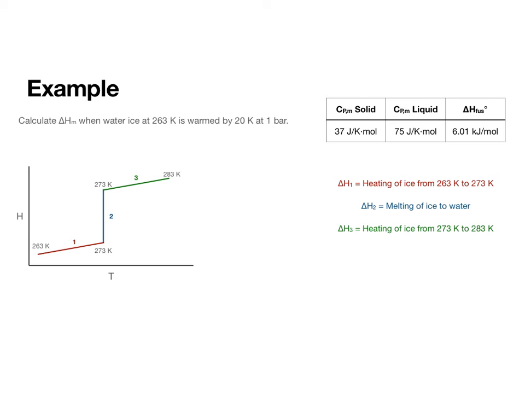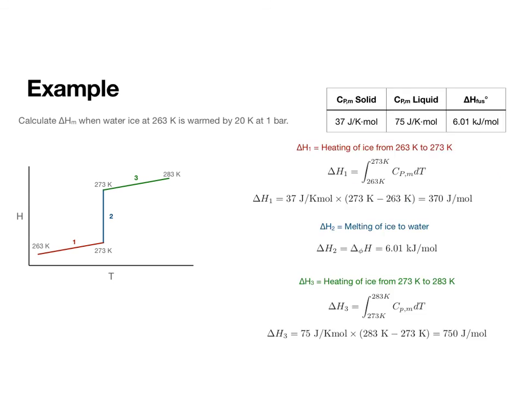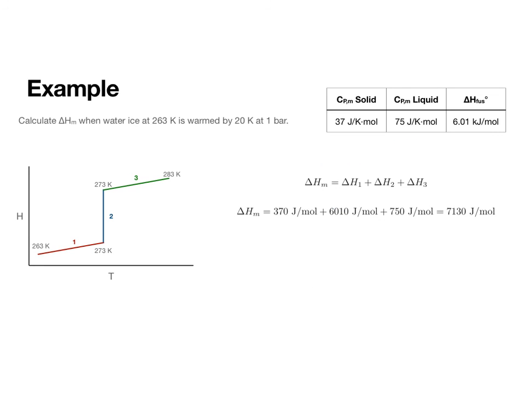And so I broke this up into heating of the ice, melting, and then heating of, and this should say water. This should also say water. And so I use Cp dT for the heating steps, and I use the enthalpy of the phase transition for the melting step. And then I added them all together.